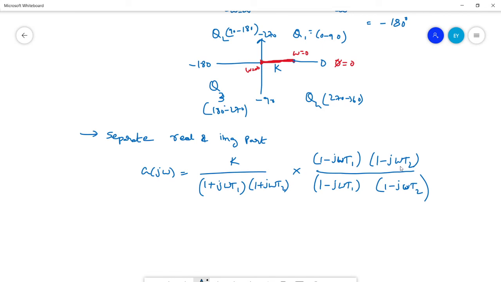So you just multiply this right side term with the given transfer function.